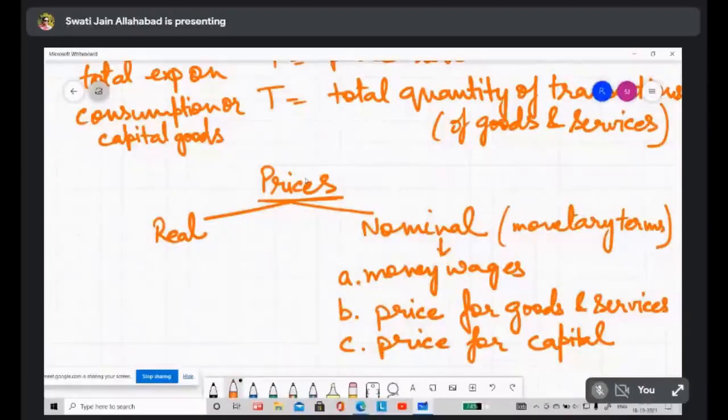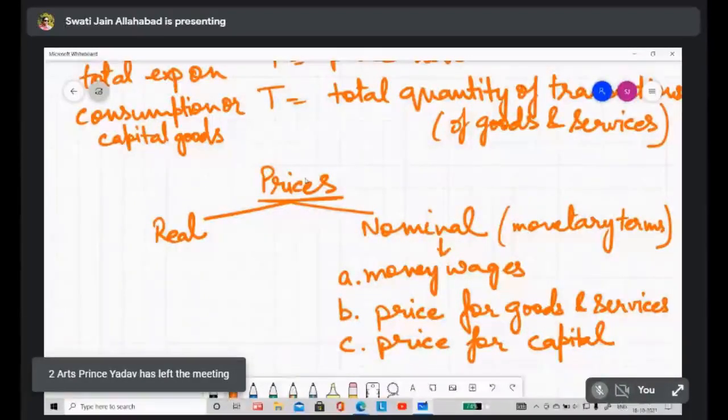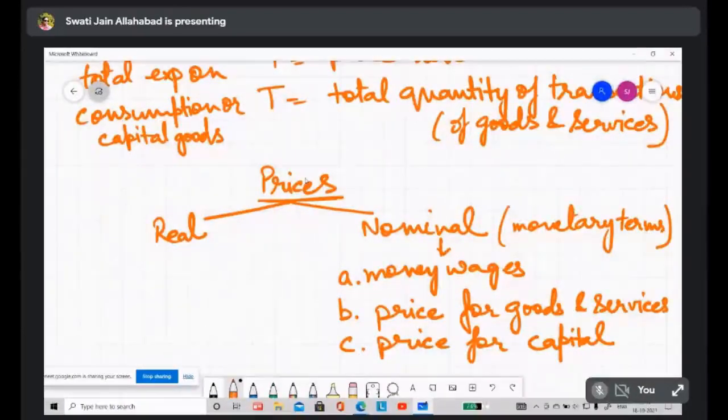But when you try to understand the nominal value in terms of the purchasing power, then it becomes real.